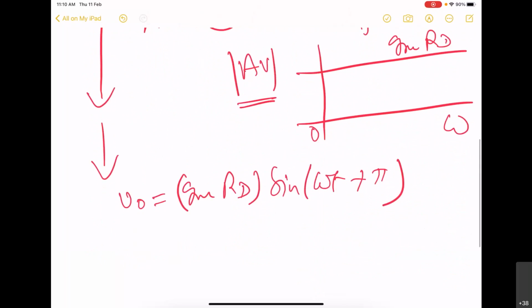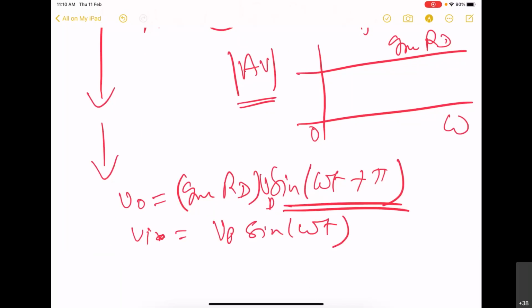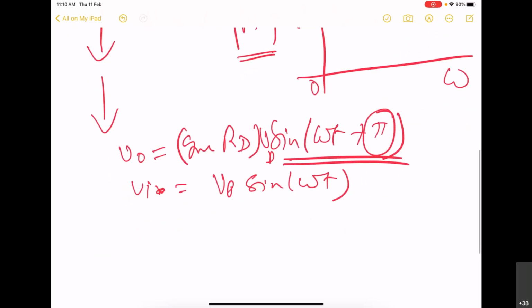Do you see that we had given input which was sinusoidal, output is also sinusoidal, but output is now a shifted version of the sinusoid by angle 180 degrees.